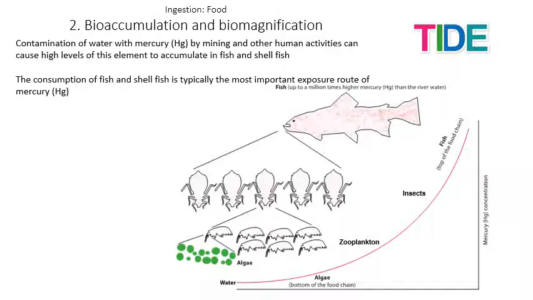Fish or shellfish living in these waters, however, can, as I mentioned, accumulate huge amounts of mercury and other metals. And eating these animals will be the dominant exposure route to these toxic metals to the wider population. Due to metal accumulation by these animals, the measurement of metal in their tissue can also often be a more useful way of assessing levels of contamination from these pollution sources rather than direct measurements of the water themselves.